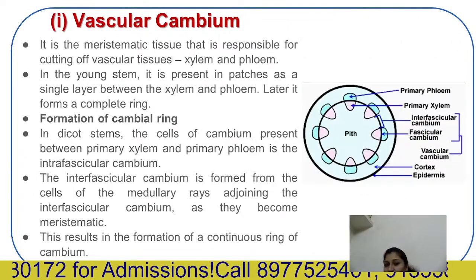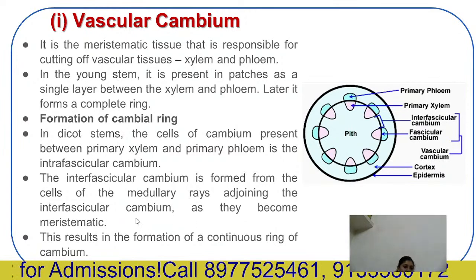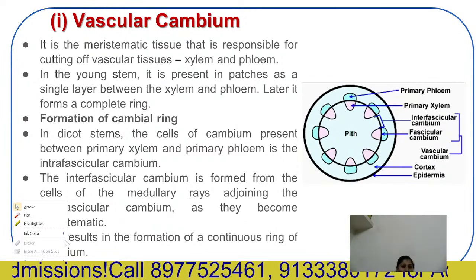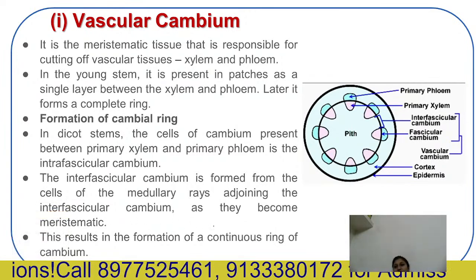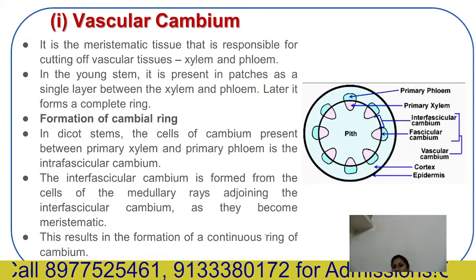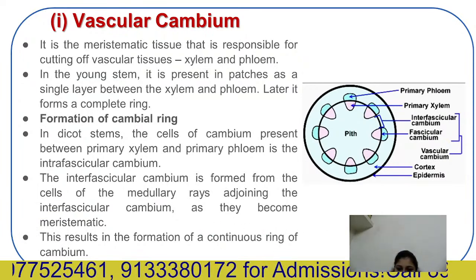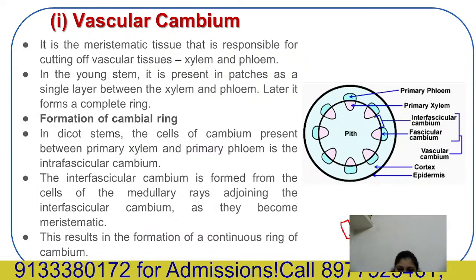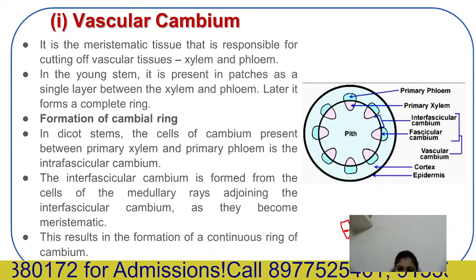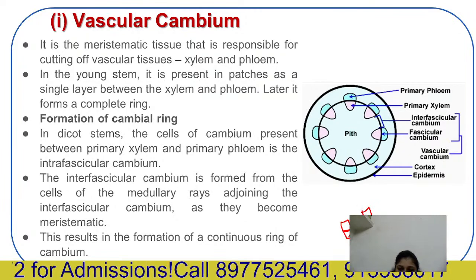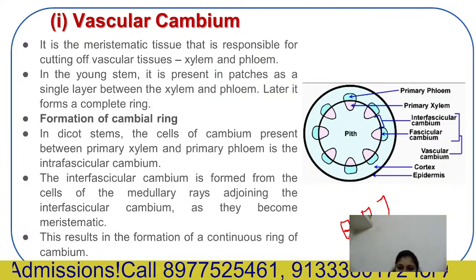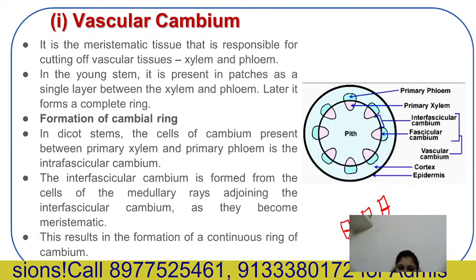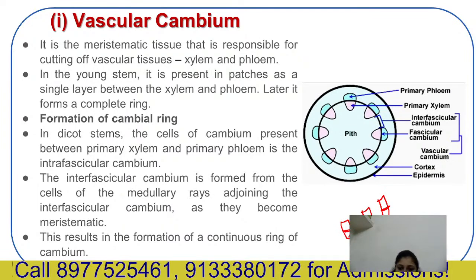So now first, vascular cambium. Remember here, vascular cambium can be divided into interfascicular cambium and fascicular cambium. See, in the starting part, there will be development of the cambium ring like this in between patches only. See, this is a straight line I have drawn in between.